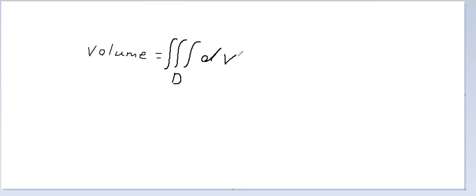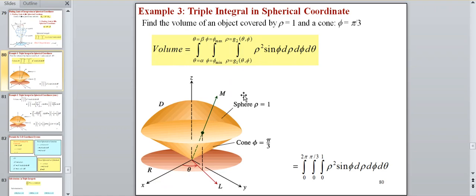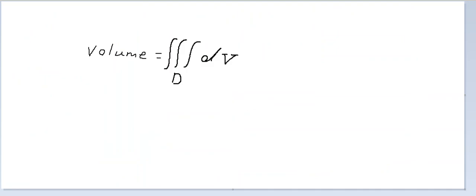We already mentioned this. Since we are going to calculate this triple integral in a spherical coordinate system, this dV will be rho squared sine phi d rho d phi d theta. This is dV.